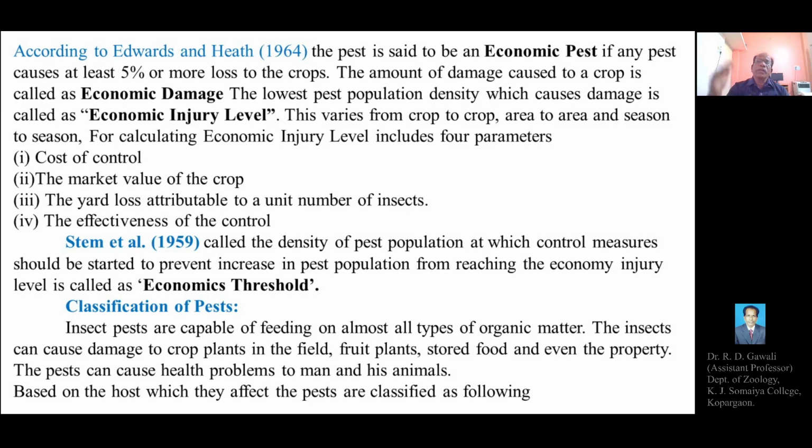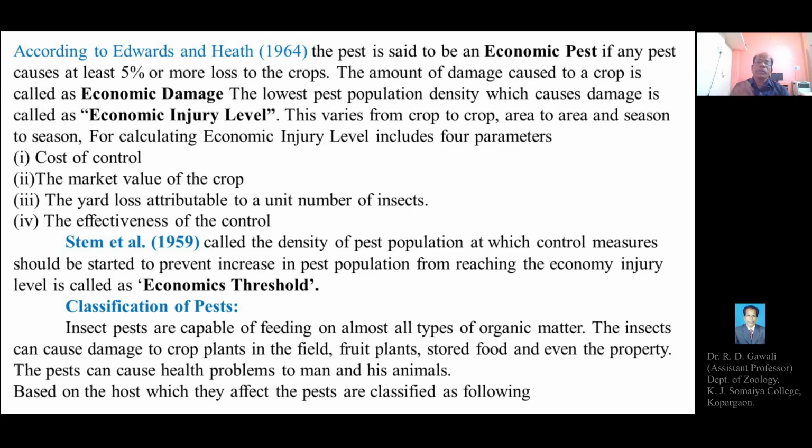We are going to study all these pests in detail, in the form of different types of pests. Based on the host which they affect, the pests are classified as follows.